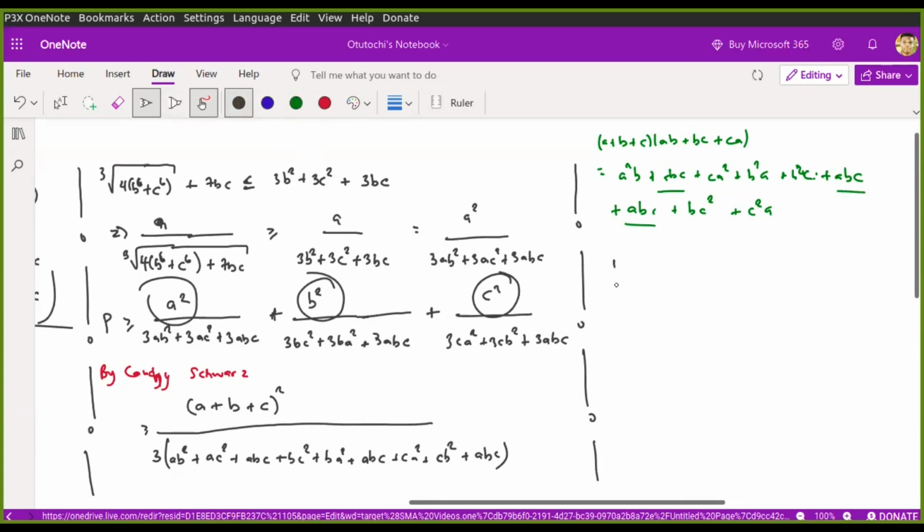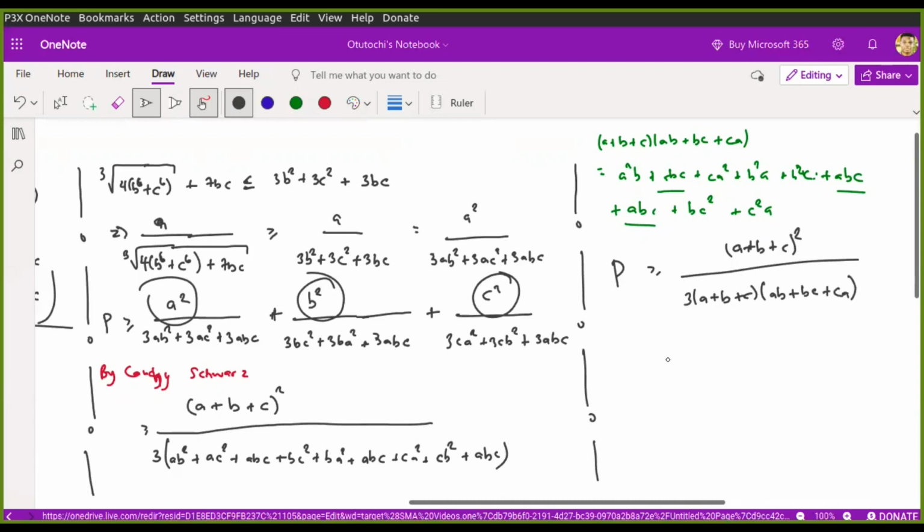So that will finally give us B is greater than or equal to a plus b plus c squared over 3 times a plus b plus c times ab plus bc plus ca.